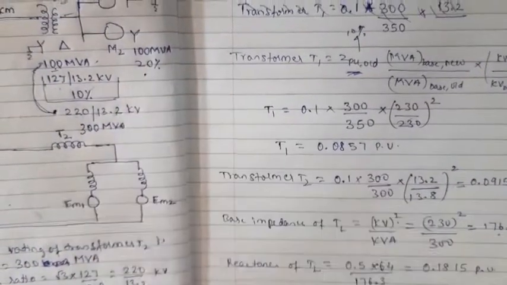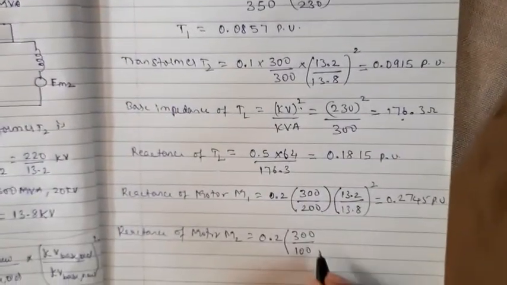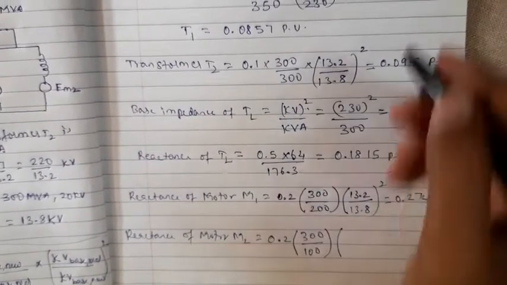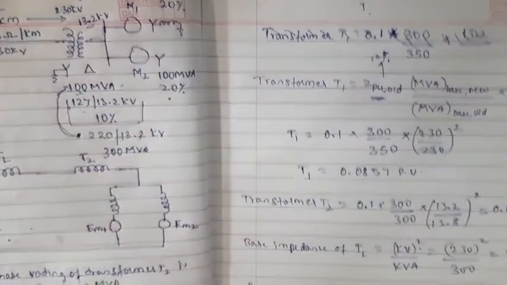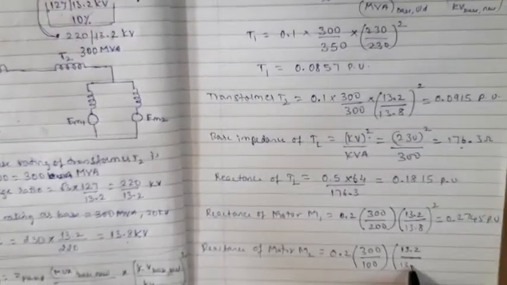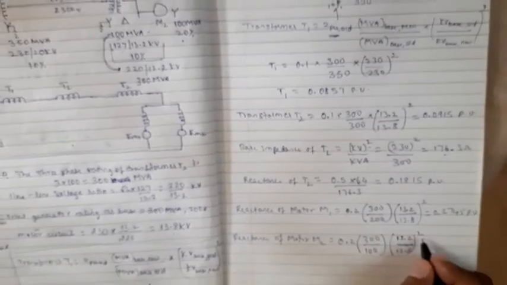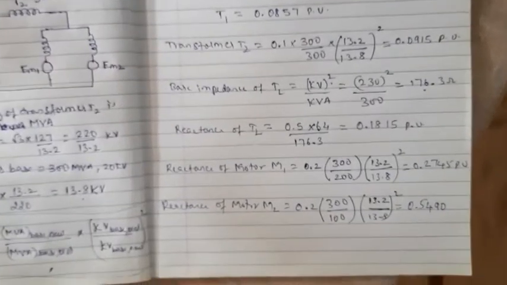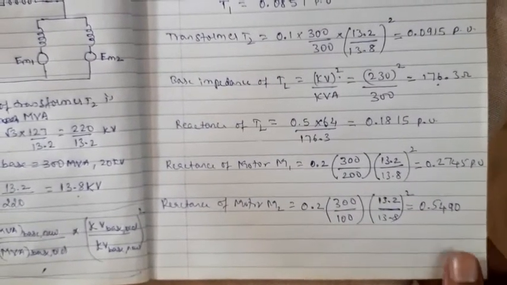The old one is 100. Next, again the same, it is operating on two different kV. The old kV is 13.2 and the new one is 13.8. Square it, and we get 0.5490.